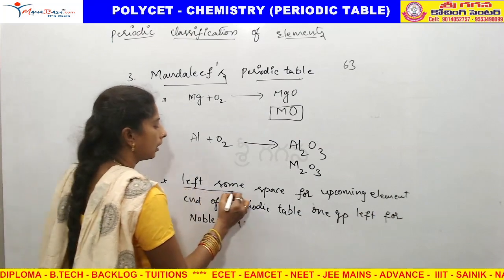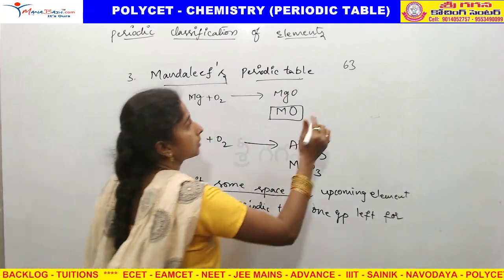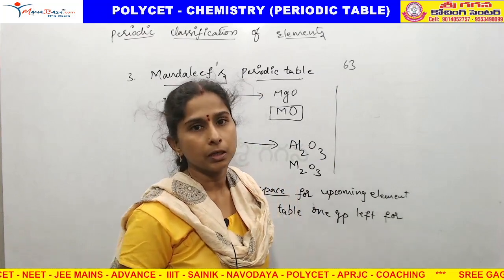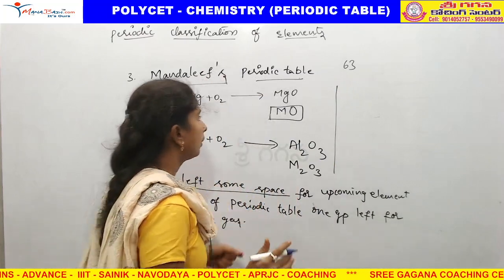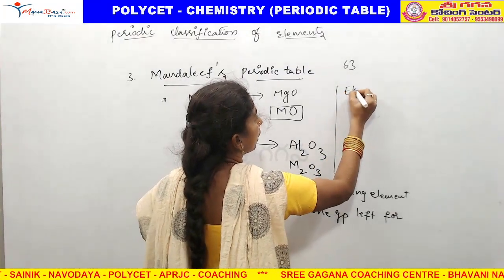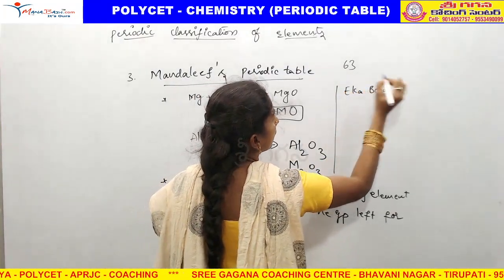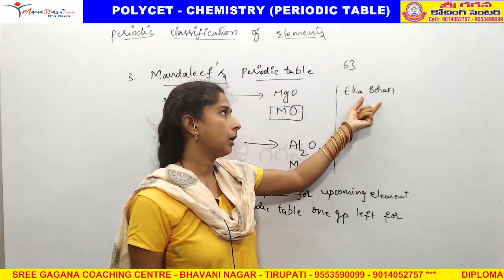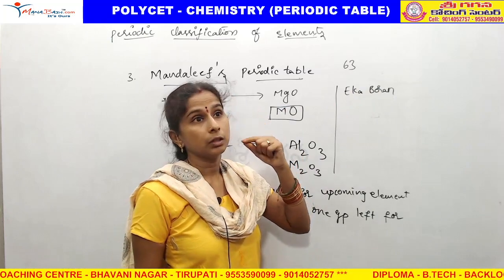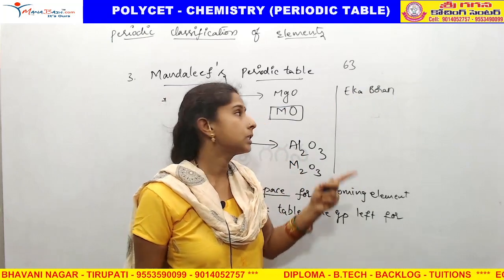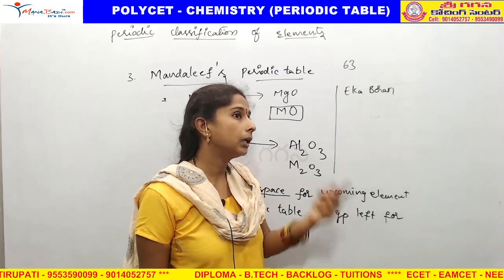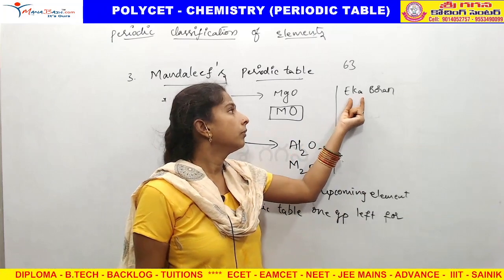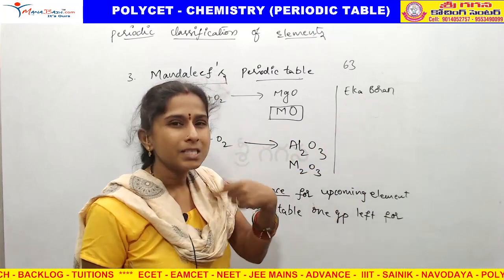And what are the elements? For some elements he gave the properties before their discovery. After boron, he gave the name Eka boron. Boron was there at that time, but after boron he thought the next element to be discovered would also have some properties. Based on that he gave the name Eka boron, meaning after boron.